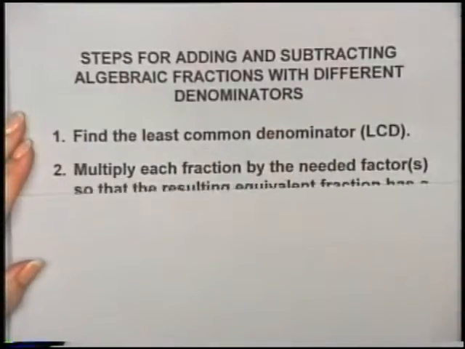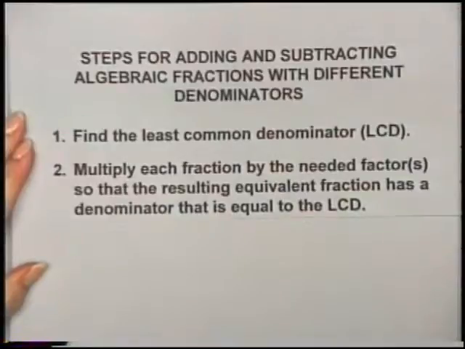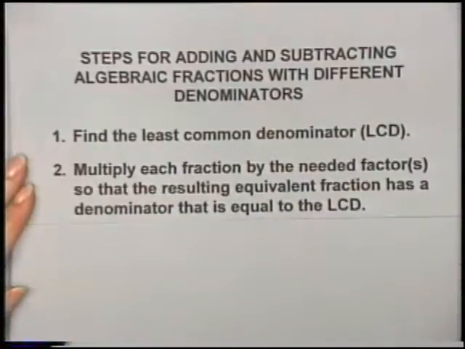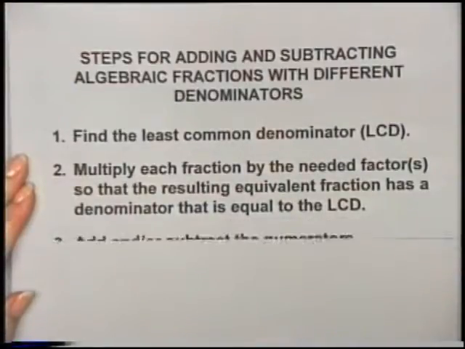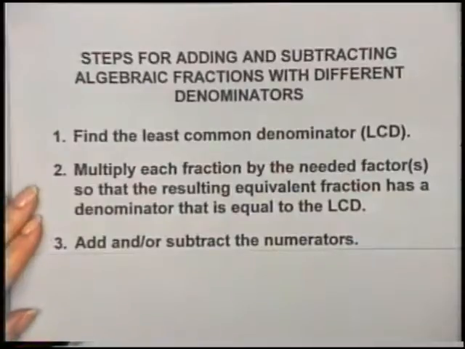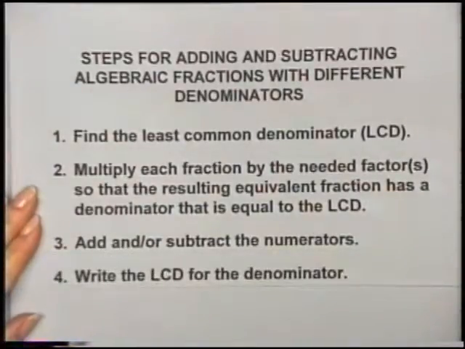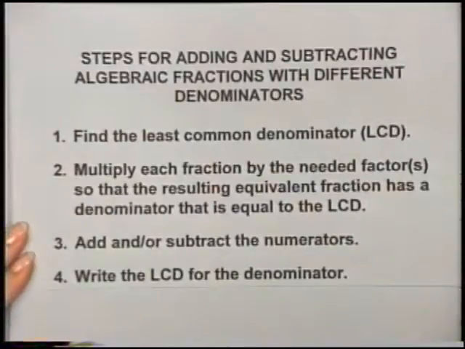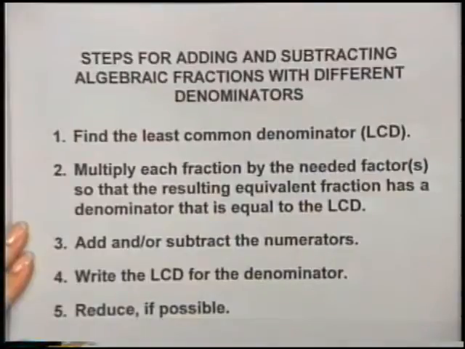Next, we will multiply each fraction by the needed factor or factors so that the resulting equivalent fraction has a denominator that is equal to the LCD. We may then add and or subtract the numerators. We will write the LCD for the denominator. And last, we will reduce if possible. Take a few minutes and look at those steps.